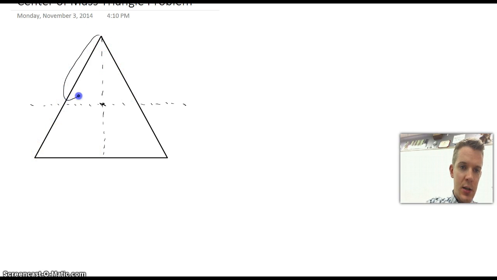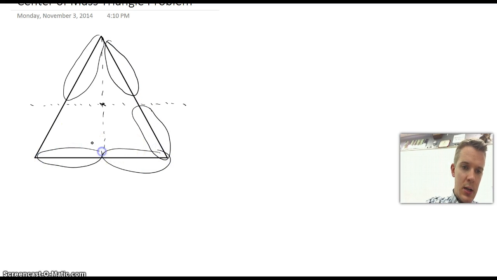You can see I can have two chunks of material here and here. Then down here I have 1, 2, 3, 4 chunks of roughly the same size.